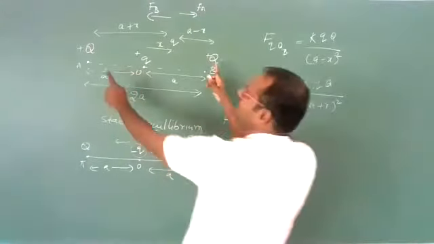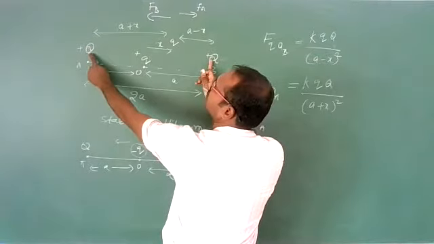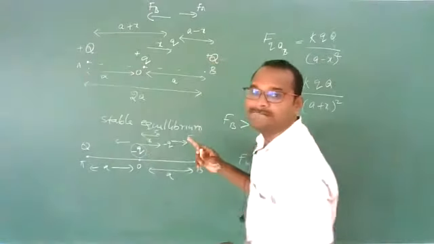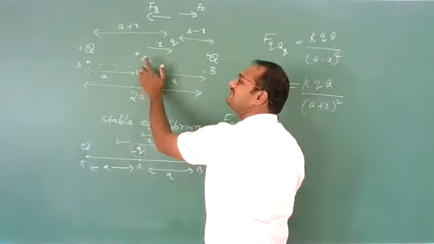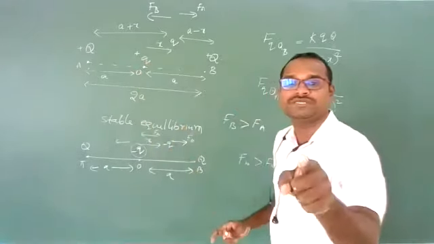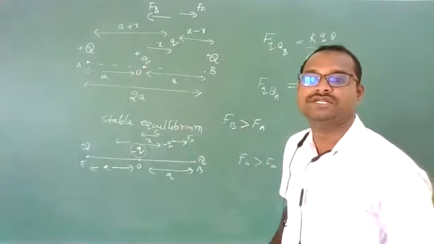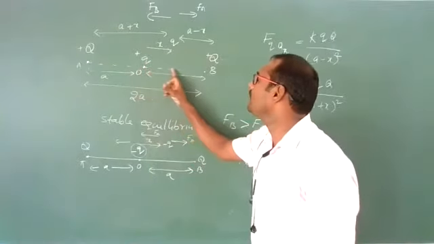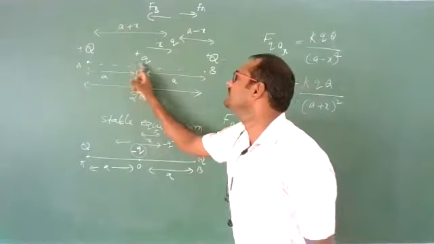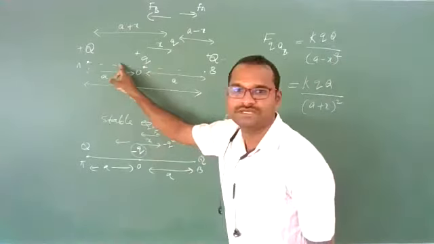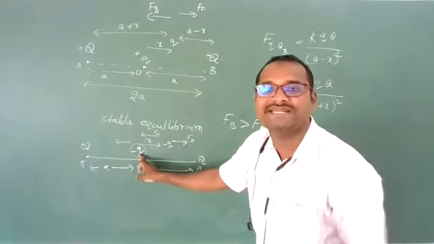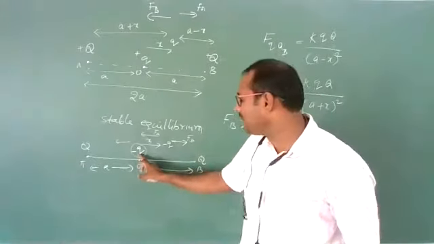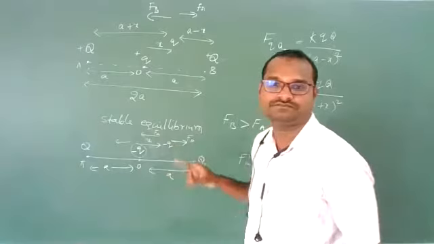Means if two charges are of the same nature and a positive charge is placed at the center, then that positive charge is said to be in stable equilibrium when it is displaced along the line joining their centers, either this side or this side. If you keep a negative charge, it is also in equilibrium, but it is unstable equilibrium along the line joining their centers.